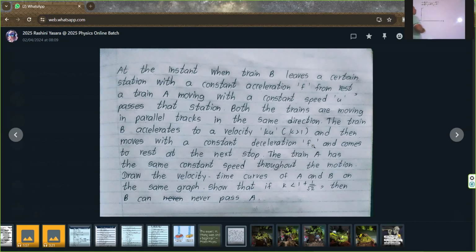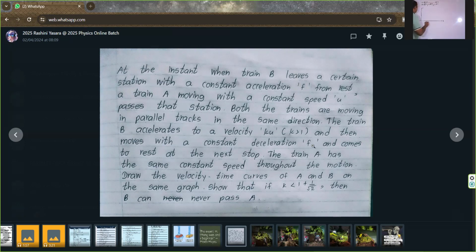If you read the question clearly, it says the train A has a constant speed u throughout the motion. From the one station to the other station, the train A has a constant speed.